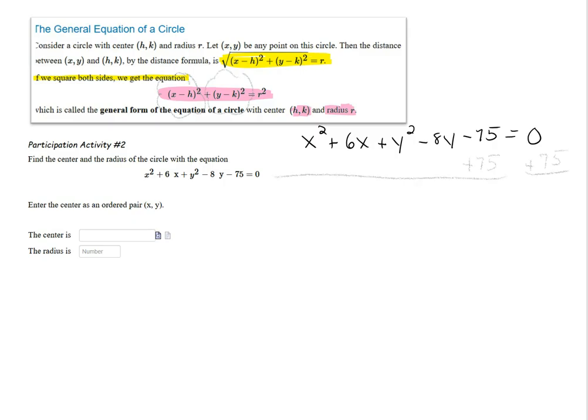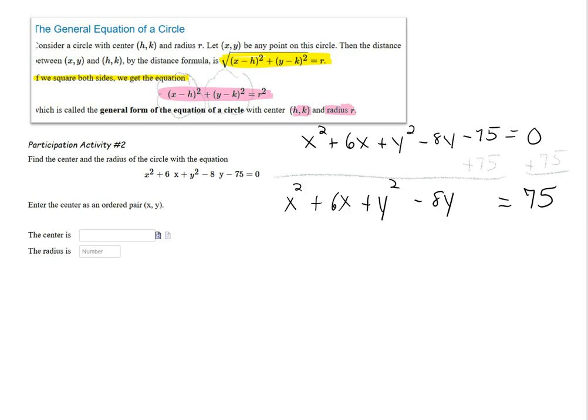So that's going to leave me with x squared plus 6x plus y squared minus 8y now equals 75. Now, what I need to do is complete the square on both the x terms and the y terms to convert them into perfect square trinomials so that they can be written as a binomial to the second power.